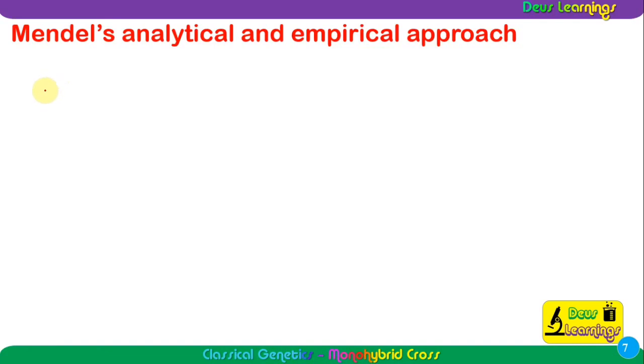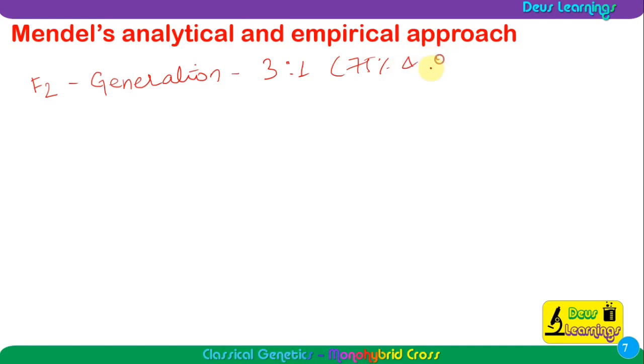So Mendel noticed that in the F2 generation, the phenotype was 3:1, that is 75% and 25%, right?